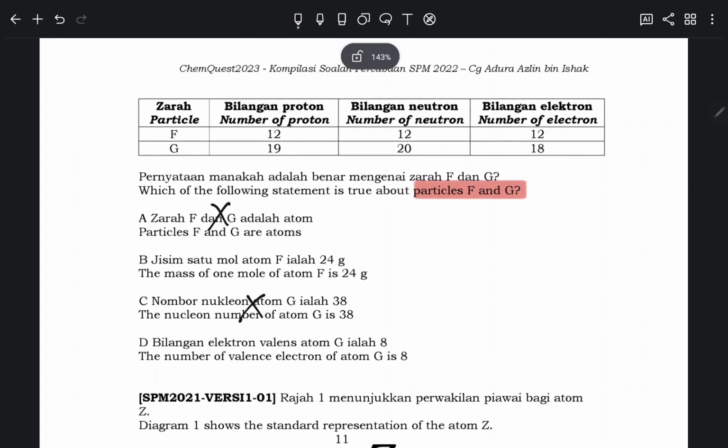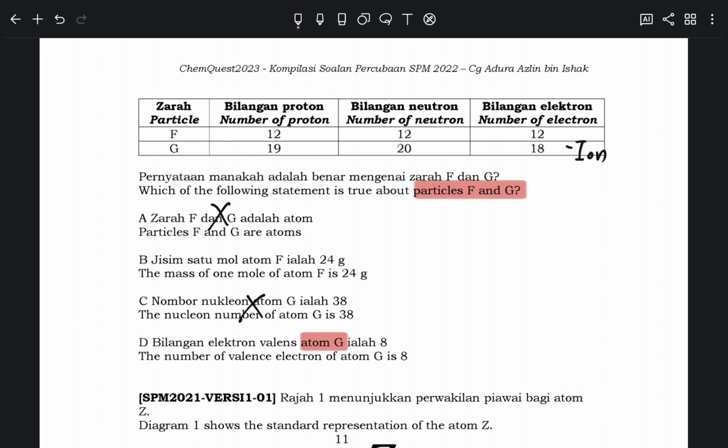Okay, the number of valence electrons of atom G is 8. Okay, how many valence electrons do I have? Remember, this 19 becomes 18. If it is an atom, it must be the same, but this is not the same. So obviously, because it is not the same, it already becomes an ion. But they say in atom G, correct? In atom, proton and electron are the same. So how many protons do I have in G? 19, right?